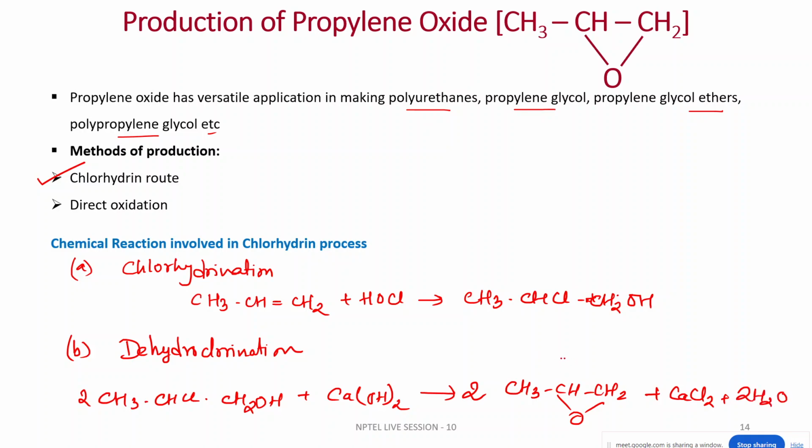So this one is propylene oxide. Simple reaction: chlorohydration and dehydrochlorination. Two processes are involved.